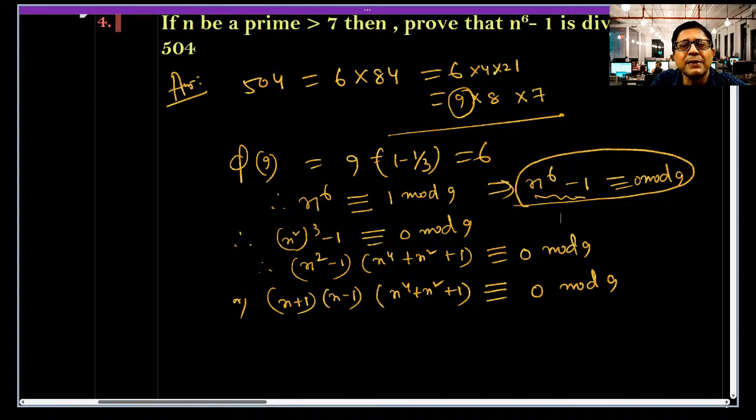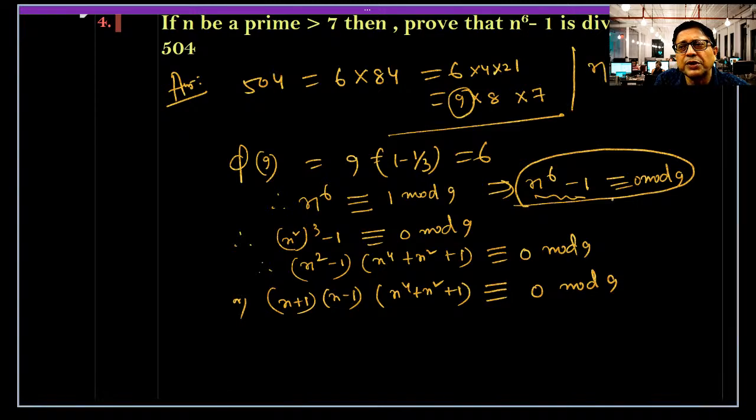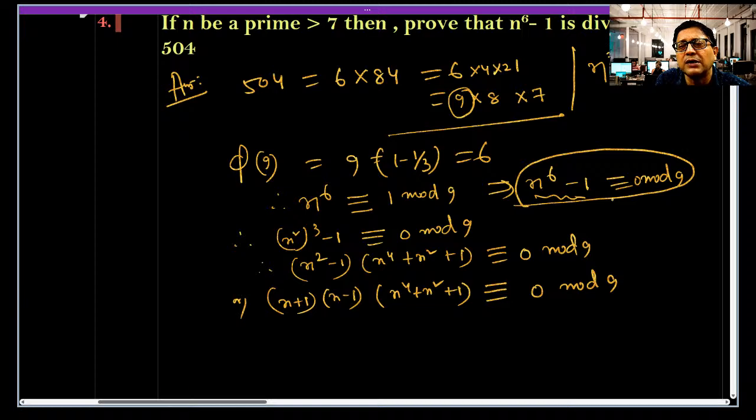Is this thing divisible by 7? I think it is always true. n to the power 7 minus 1 is congruent with 1 mod 7. So n to the power 6 minus 1 is congruent with 0 mod 7.